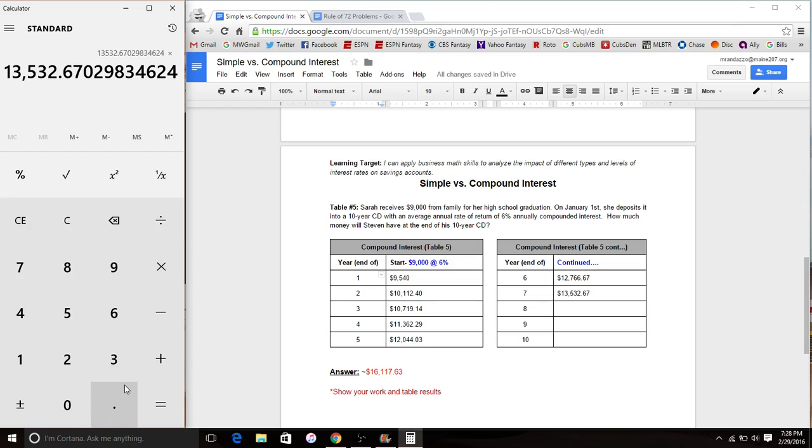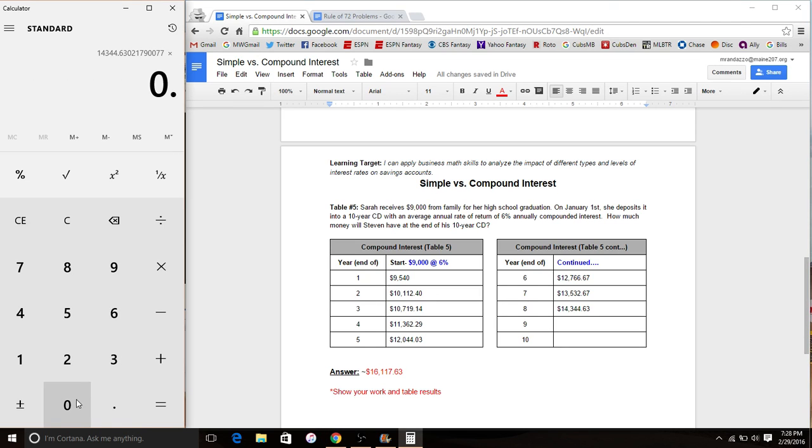Okay, we're getting closer to our final answer. We multiply that by 0.06. Add that, 13,532.67. We're at 14,344 and 63 cents.